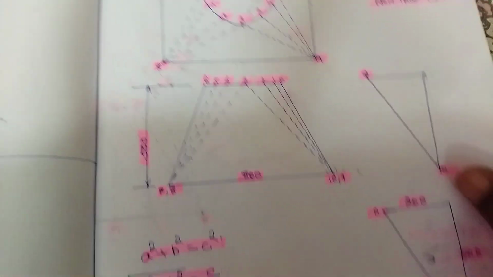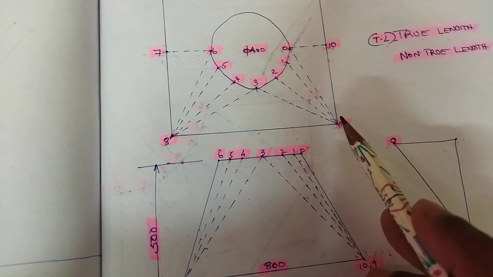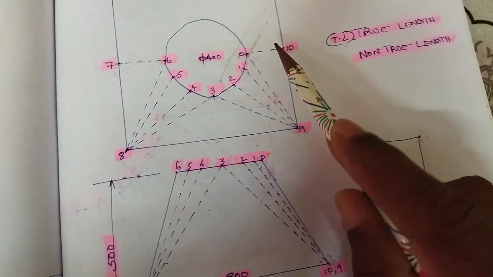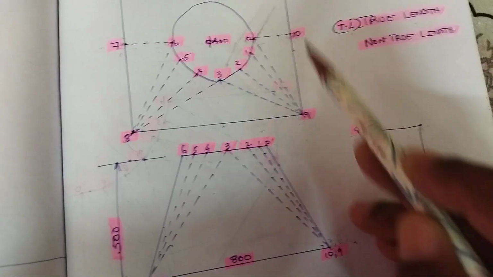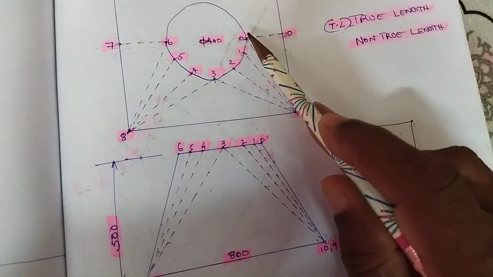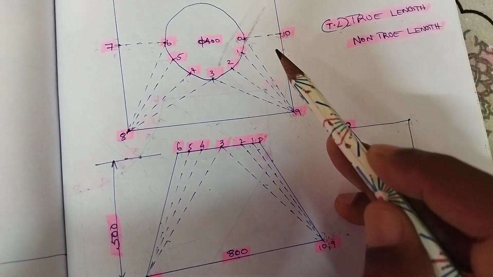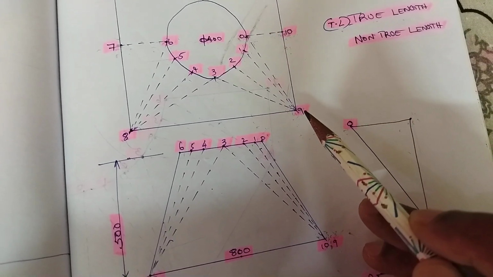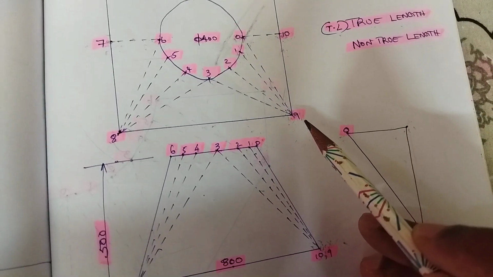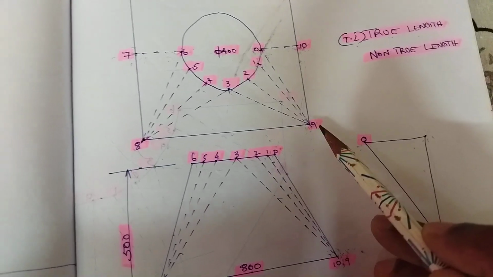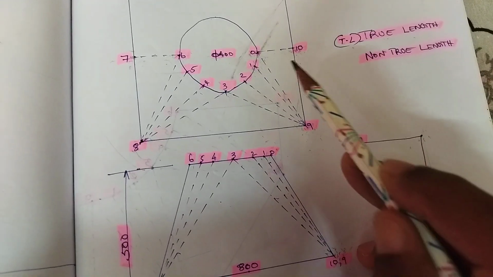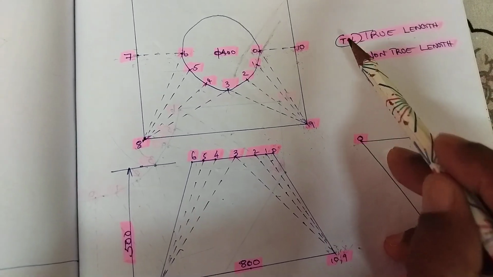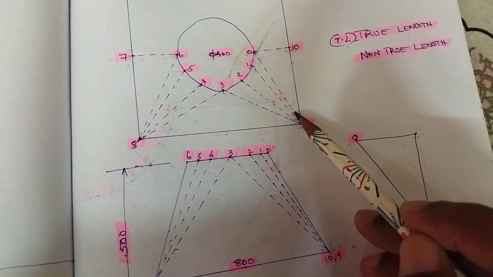We shall find out the next measurement from 9 to 0. What is 9 to 0? Is this a true length? No, because 0 is on the top side and 9 comes on the bottom side of the square. So, if we look from the top side, 0 to 9 is not a true length, it is a non-true length.